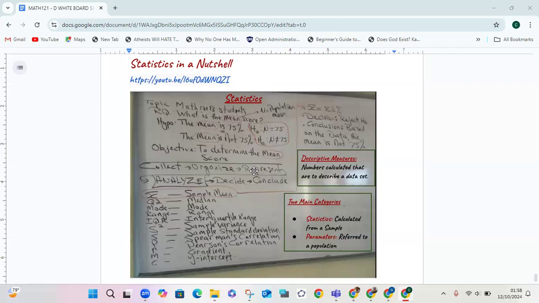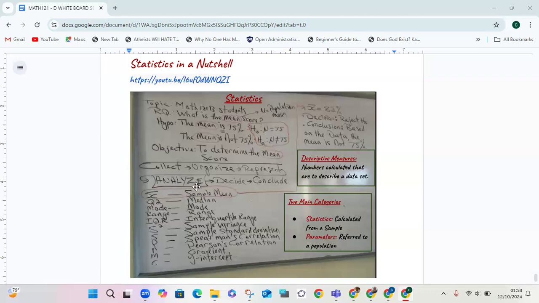So therefore, you need to do some further analysis by calculating descriptive measures. Now, here is a list of descriptive measures that are calculated in this course.